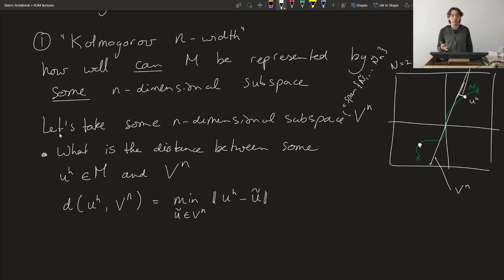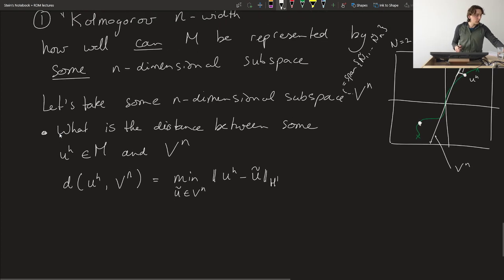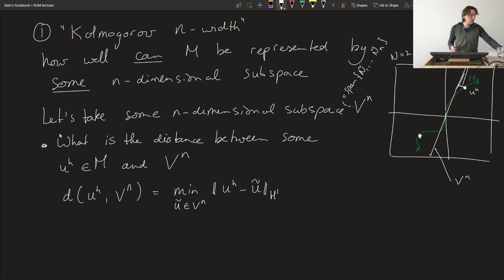We also have norms for functions. We're able to measure distances of functions, even though that is conceptually maybe a little tricky. So if we're talking about functions, then this would be the H1 norm, if we're talking about an H1 subspace, which most of the time we are. So that is the distance between some u_H and V_n. So the next question I want to ask is, what is now the deviation?